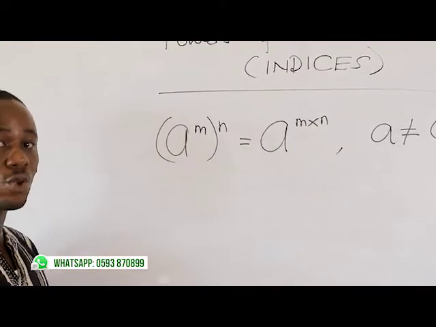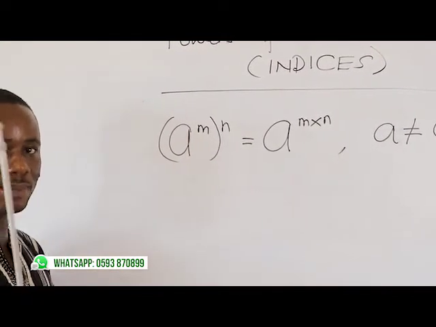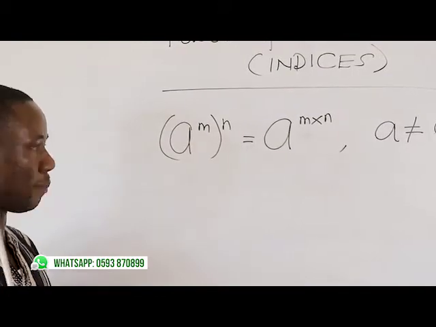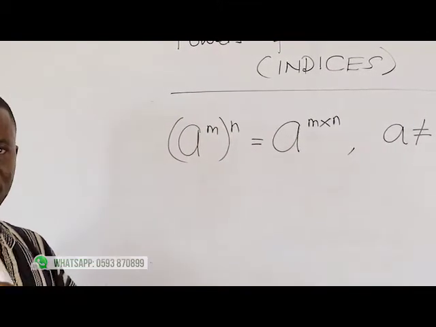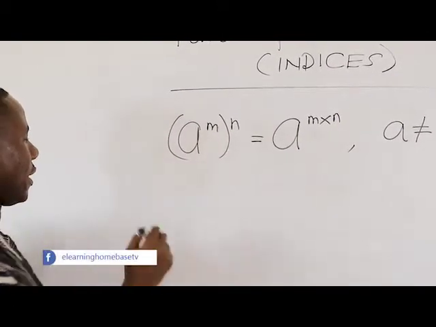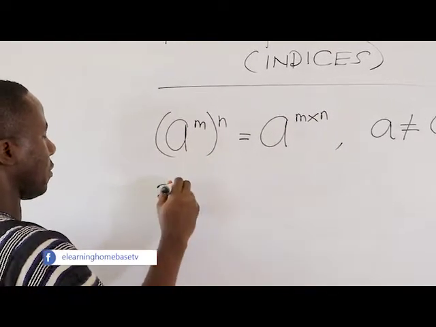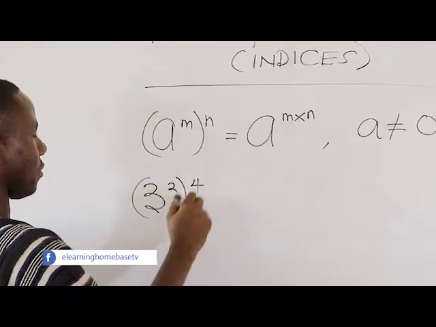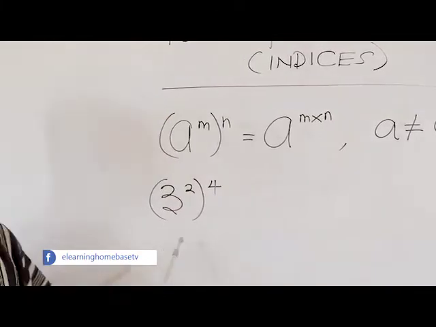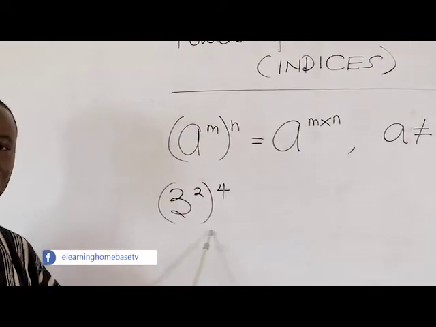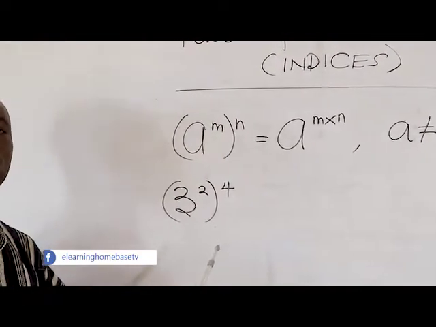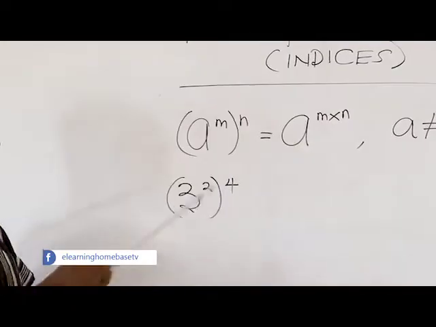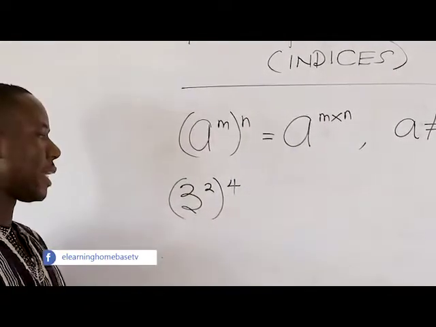So let's start solving examples and analysis. At this point, stay focused and pay attention. So the first example. If you are being asked to evaluate or simplify this one, what are you supposed to do? You apply the rule.